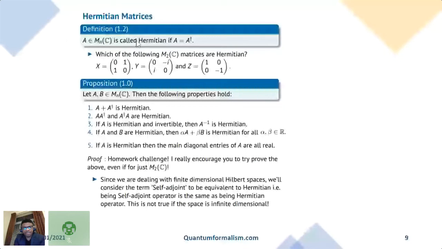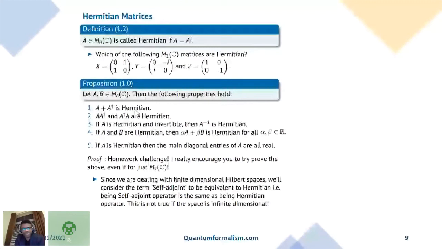A Hermitian matrix is nothing more than a matrix that's equal to its own dagger. Here's a very interesting proposition that I really encourage you to try to prove: given any two n by n matrices, we are not assuming that they are Hermitian, you can get a Hermitian matrix through this.